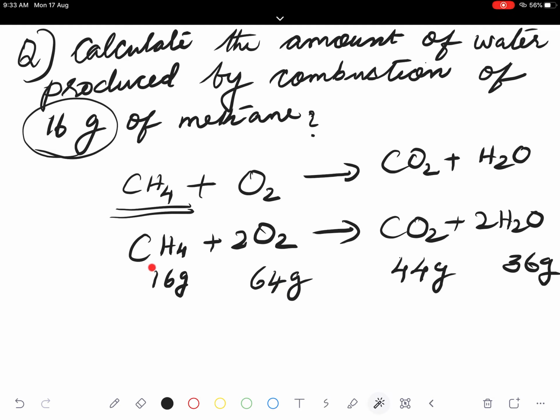For the reaction of this 16 grams of methane, how much is required, that much is provided. So if 16 gram undergoes combustion, how much water will be formed? 36 grams of water will be formed. Alright, so the answer is 36 grams.